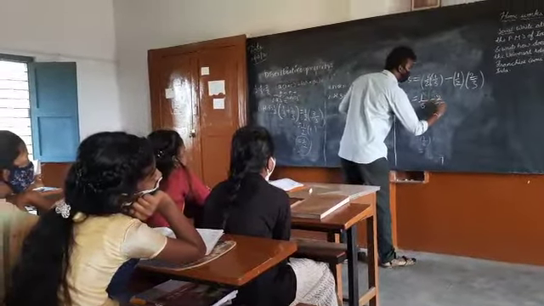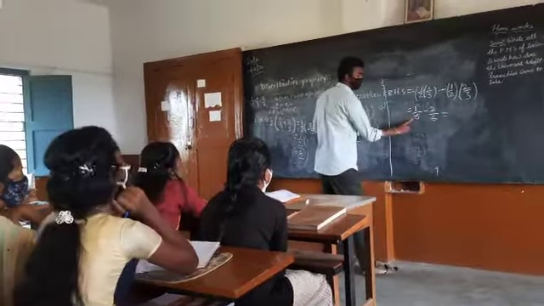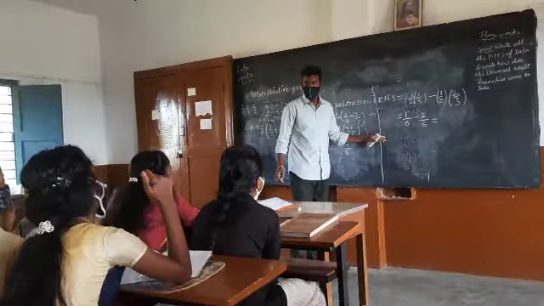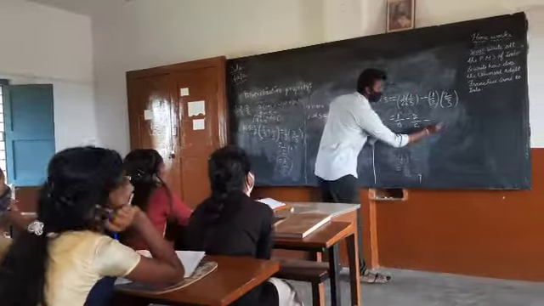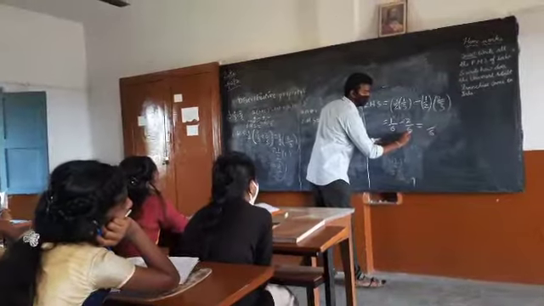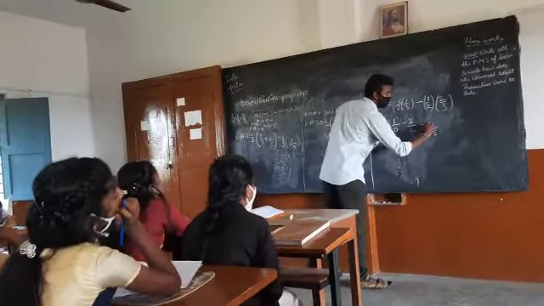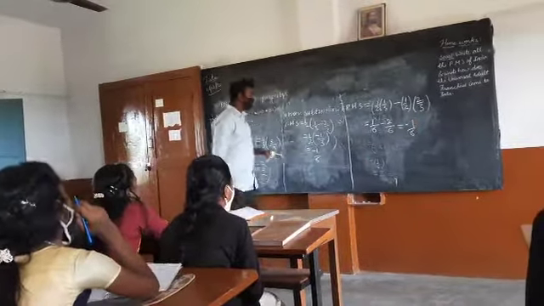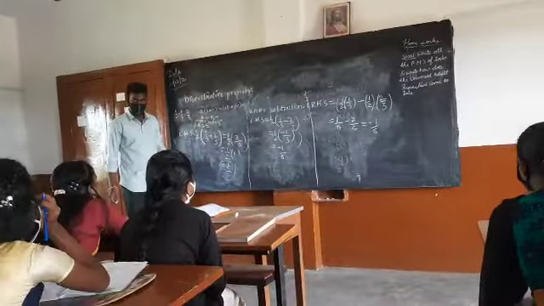So 1 by 6 minus 2 by 6. It's quite easy. 6 is our denominator, 1 minus 2 gives minus 1. LHS and RHS are the same. Very good.